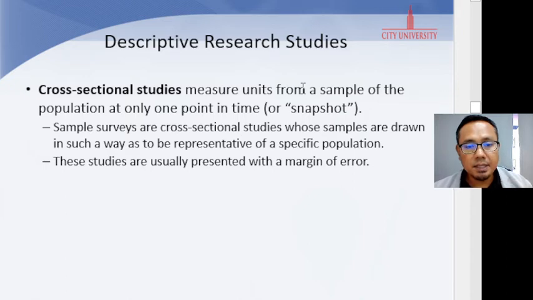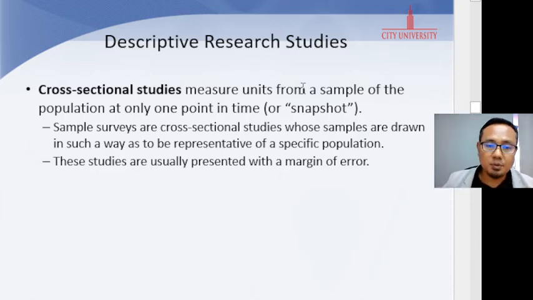So sample surveys are cross-sectional studies whose samples are drawn in such a way as to be representative of a specific population. That's a very common sample survey, an example of a descriptive research study using cross-sectional studies. These studies are usually presented with a margin of error, so we accept a few outliers, and we can calculate the parameters of error.